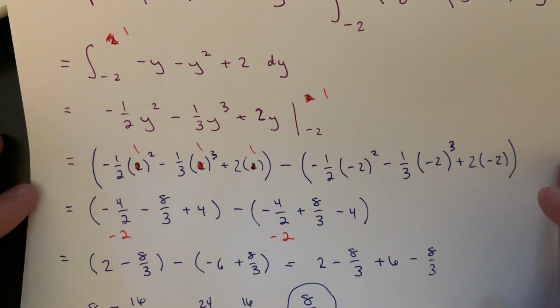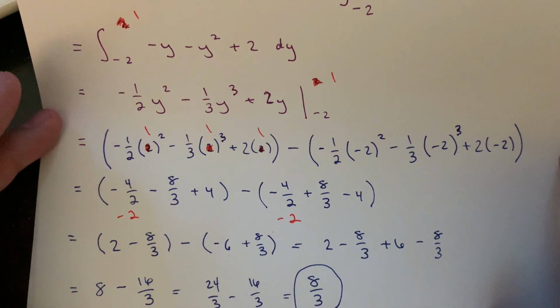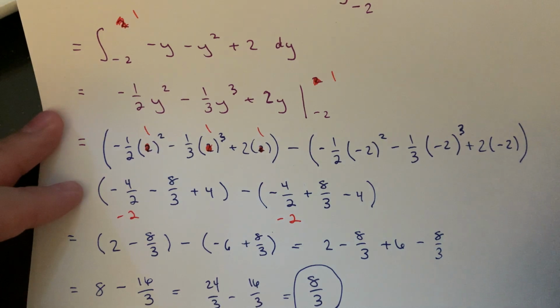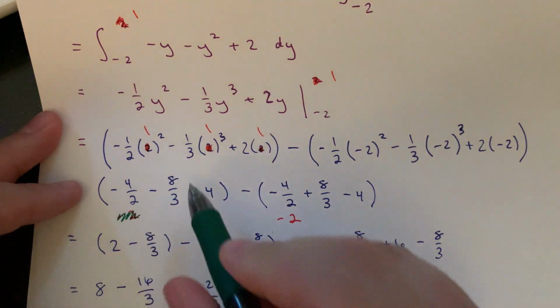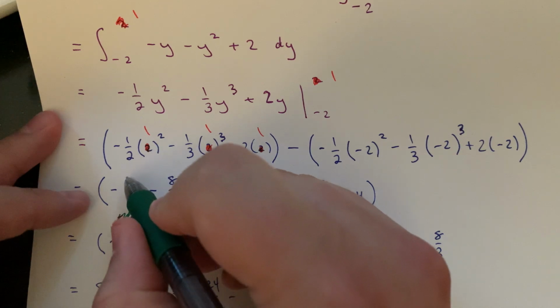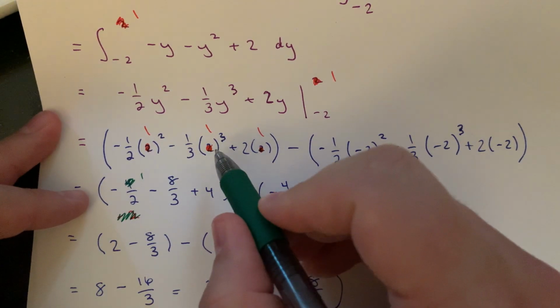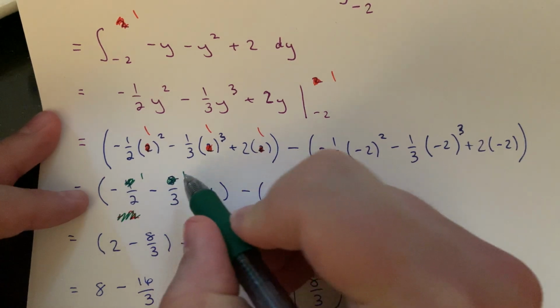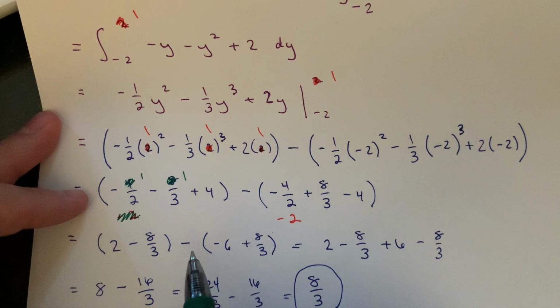This is just a bunch of fraction math, a bunch of arithmetic to clean up. Again, I'll try to clean this up in real time a little bit. So this should be what? 1 squared is 1, so that should be negative 1/2. 1 cubed is 1, so that should be minus 1/3. These are fine.